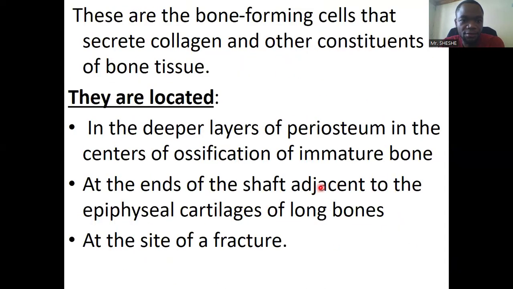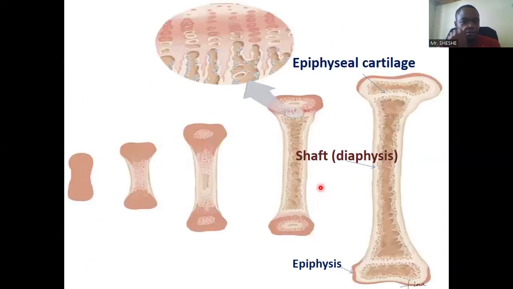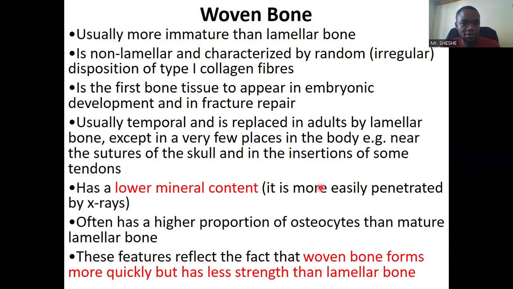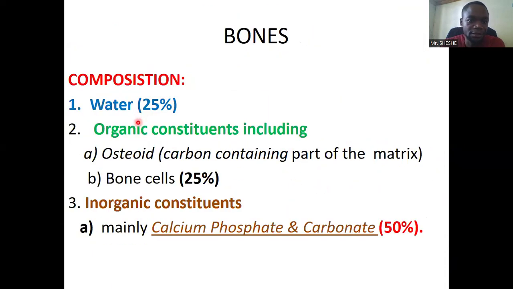We talked about the composition of bone, where bone has water as well as, let me take you back to that. Yeah, so we have 25% water and the organic matter. Now, organic matter is composed of cells plus osteoid. So those cells, the osteoblasts, when they multiply in the shaft there, they begin to secrete this matter.